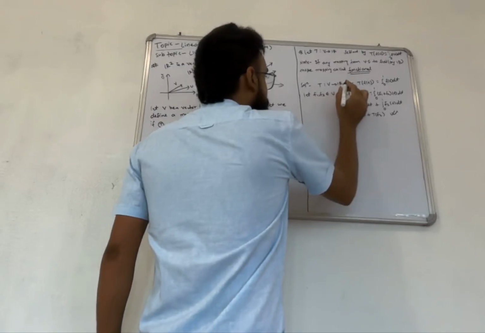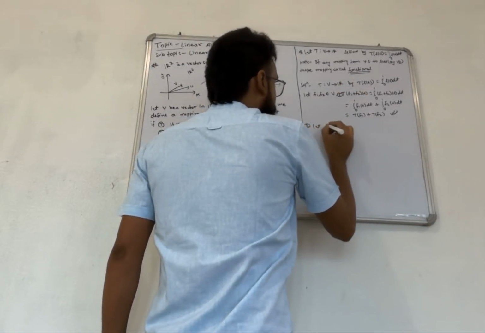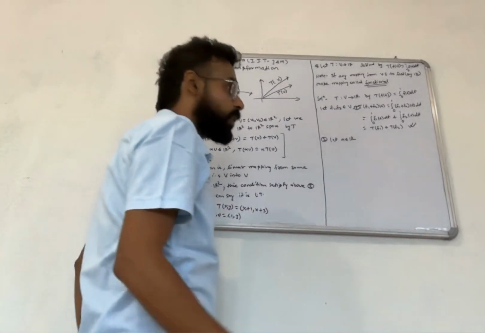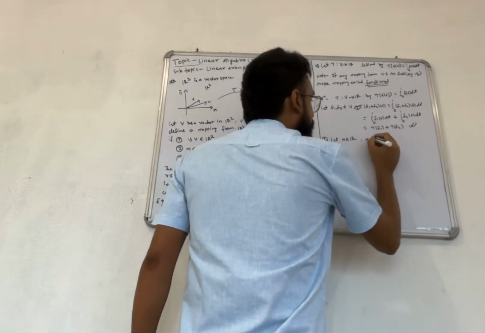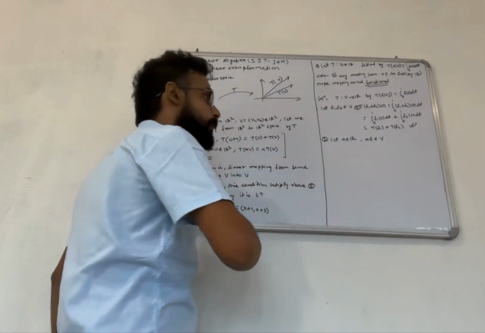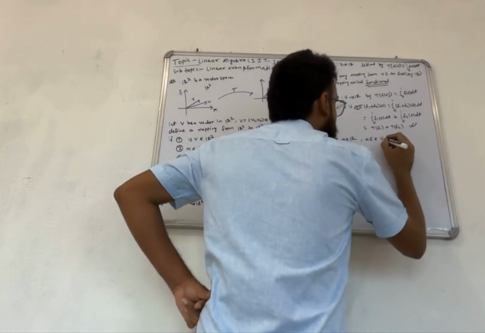Second, let alpha belong to the field R. So alpha f must also belong to V, otherwise it can't happen.